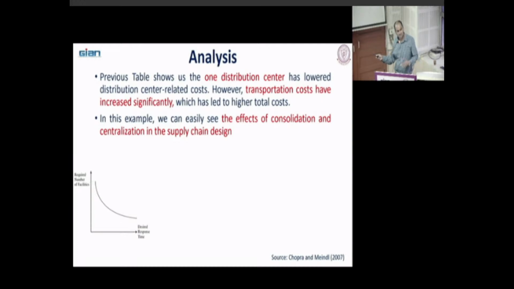More facilities means more cost. Then what about the number of facilities and inventory cost? When the number of facilities increases, your inventory cost will also go up. Then transportation cost versus number of facilities. When the number of facilities increases, transportation cost decreases. Why? Because you need to travel shorter distances.